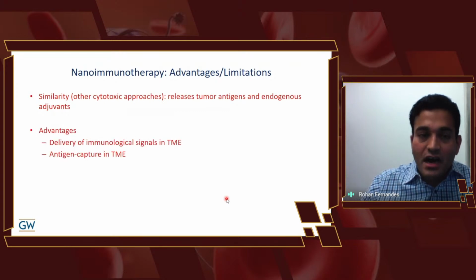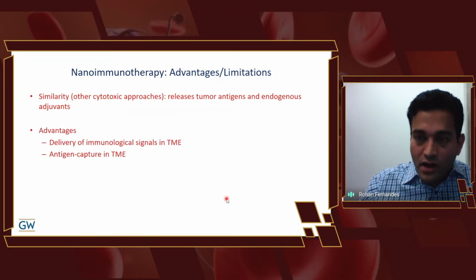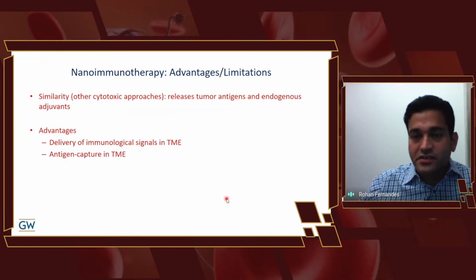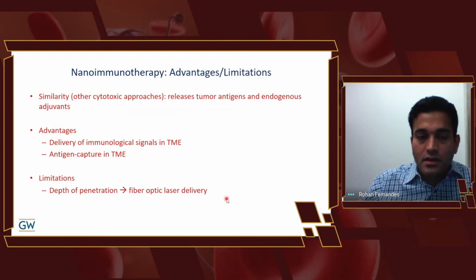But the advantages are the ability to deliver an anchored immunological signal in the tumor microenvironment and to serve as a surface to capture the antigens released in the tumor microenvironment. However, given that you have these advantages, there are some limitations of using light-based therapies.